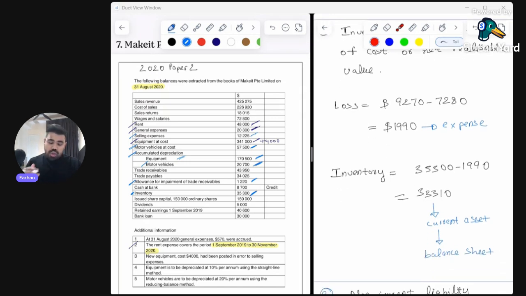So the loss that we have incurred of $1,990 due to the impairment or the write-down which we have done, we need to reduce that 1,990 from the 35,300, which gives us $33,310. And this is the value of inventory, which we will report in our current assets section in the balance sheet. Okay.